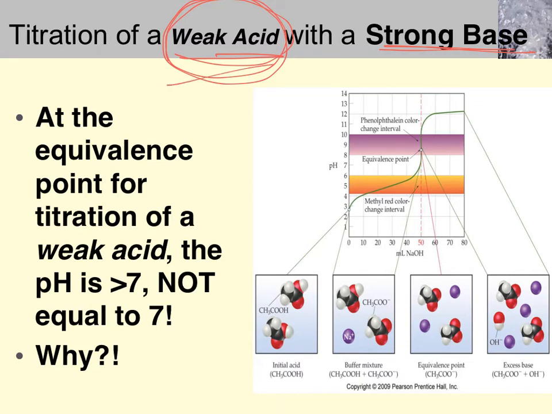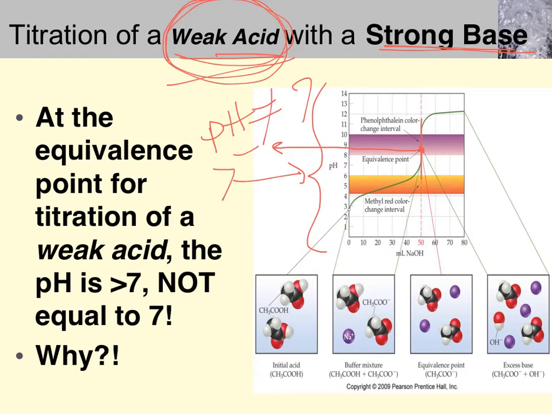But for right now, we're going to work with a weak acid. The first thing I want to let you know about the titration curve for a weak acid is that at the equivalence point, guess what? pH is not equal to 7. As a matter of fact, it's always somewhat greater than 7, typically around 8 or so.